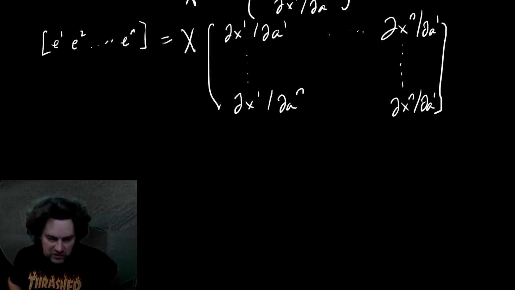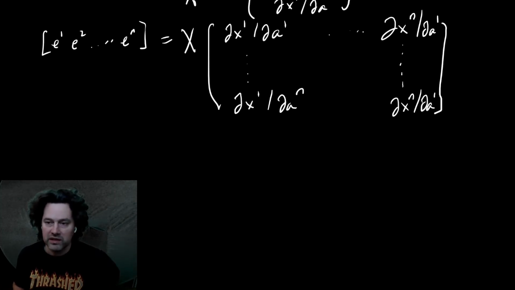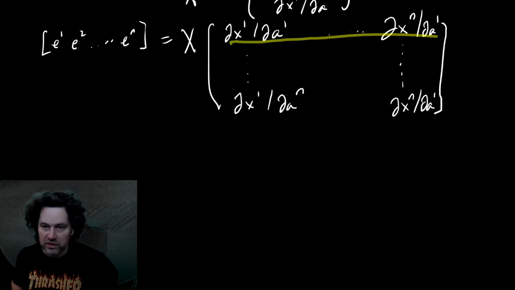Now, each of these, we have dx1/dA1. So if I come across here, we have all the derivatives of the coordinates with respect to A1, and as we go down the rows, the derivatives with respect to An. This should be n.